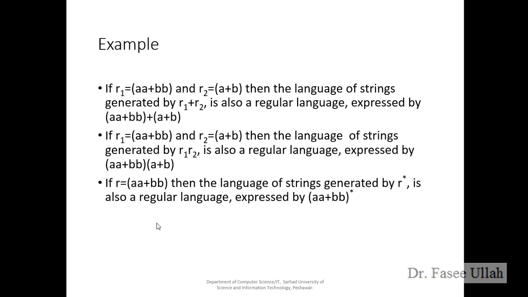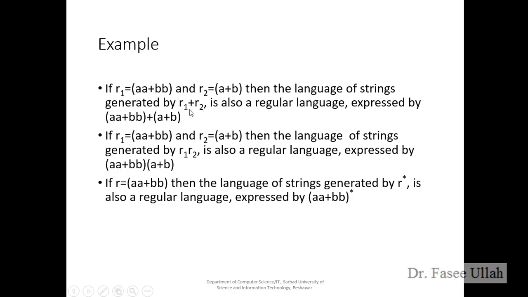We have some more examples. If R1 is equal to a plus b and R2 is equal to a plus b, what is the language of strings generated by R1 plus R2? So this is the union, how we combine these two regular expressions. It could be expressed by a plus b plus a plus b.